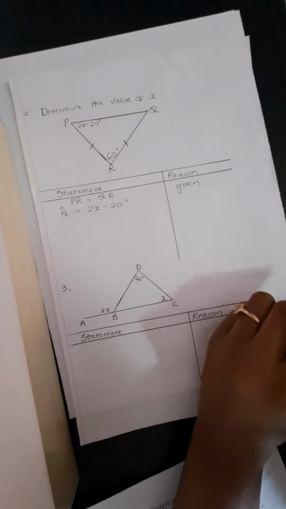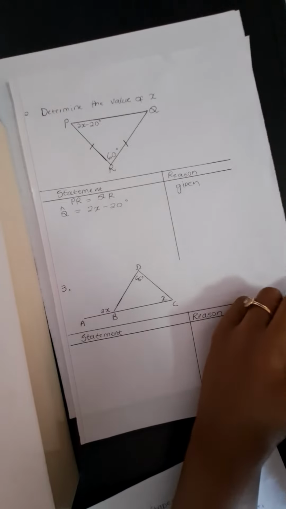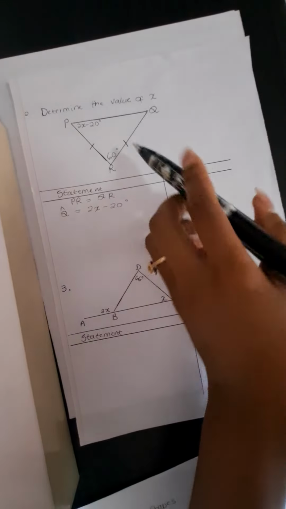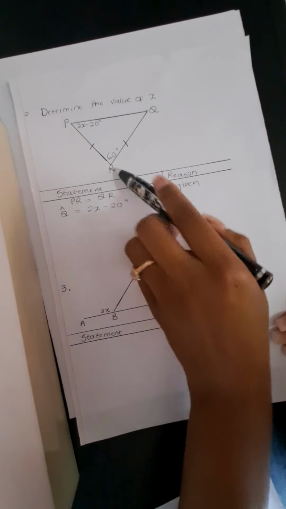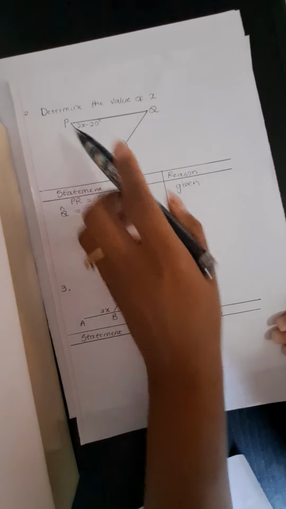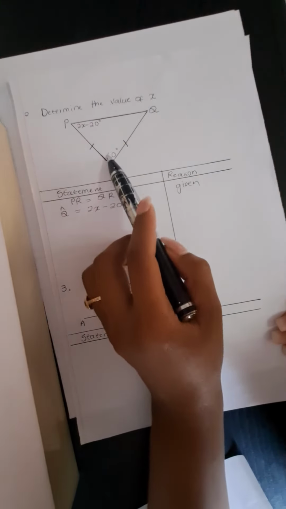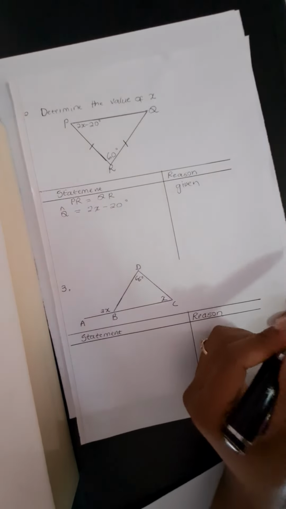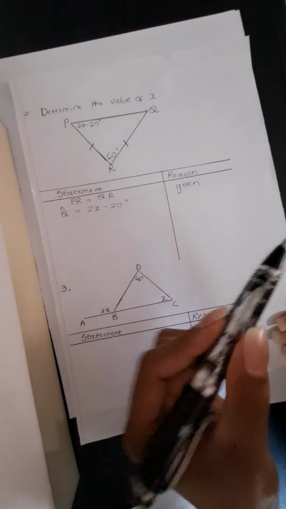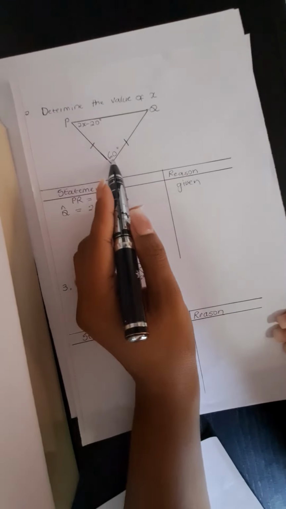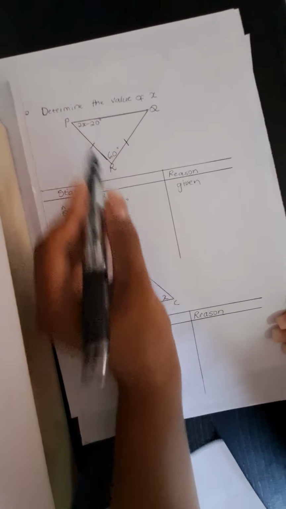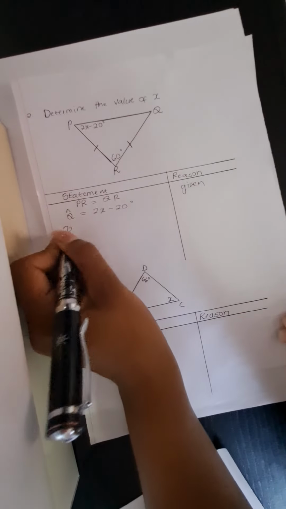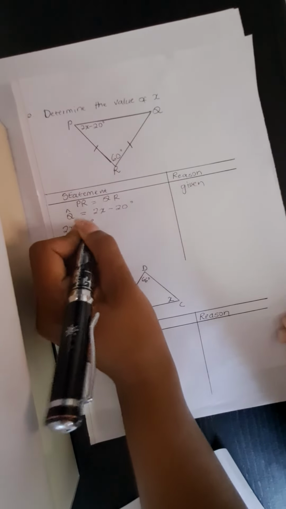Now we should calculate the value of X. So we are having angle Q, R as well as angle P. And we know for a fact that sum of interior angles is equals to 180 degrees. So our statement will be 2x minus 20 degrees.